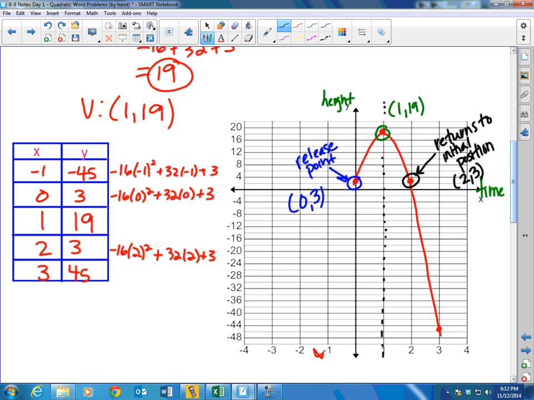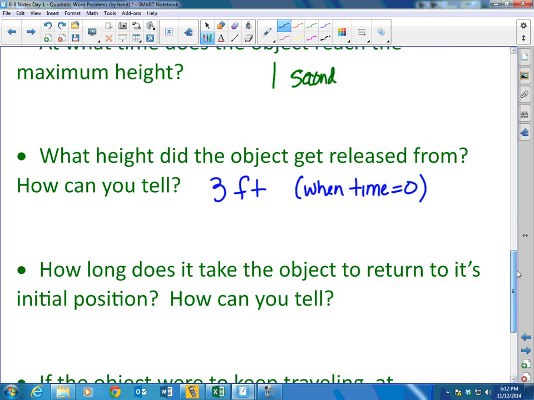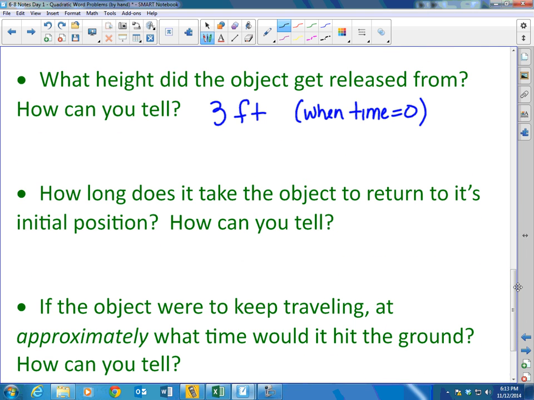Again, x is time, height is y. So it returns to its initial position of 3 feet in height at 2 seconds. Okay, and how can you tell? I'm on our C graph, because we labeled it up above.